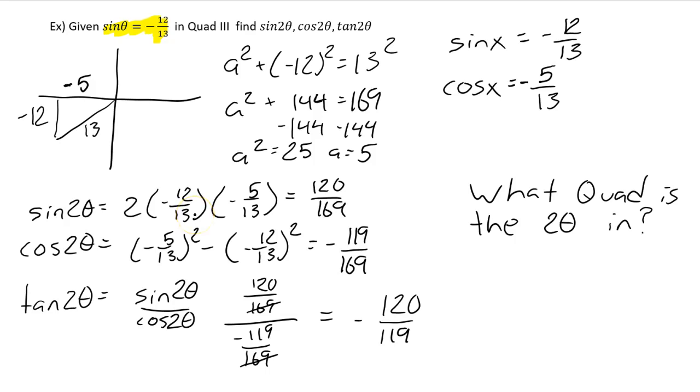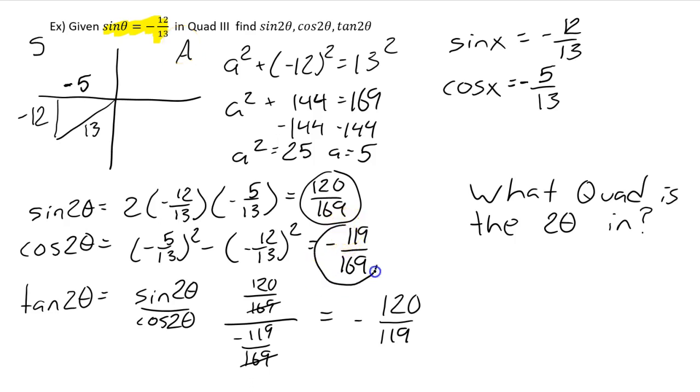So I know my sine value is positive, positive 120 over 169. Okay. Well, remember, All Students Take Calculus. So where are the only places that sine is positive? We know it's in quadrant 1 (All) and quadrant 2 (Students) for sine. So that would be great for us. We know it's one of those.